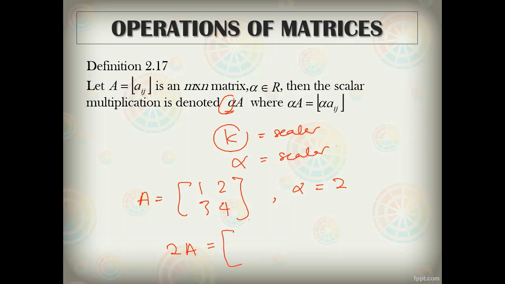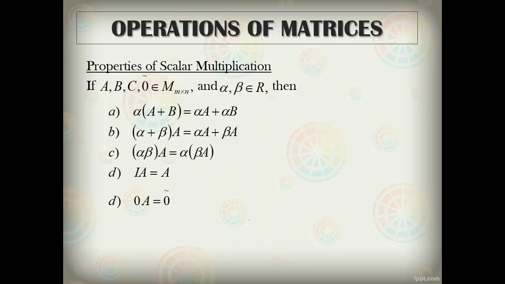So 2 times 1 is 2, 2 times 3 is 6, 2 times 2 is 4, 2 times 4 is 8. So each element of your matrix A you multiply with the scalar. That's it. This is the property of scalar multiplication.